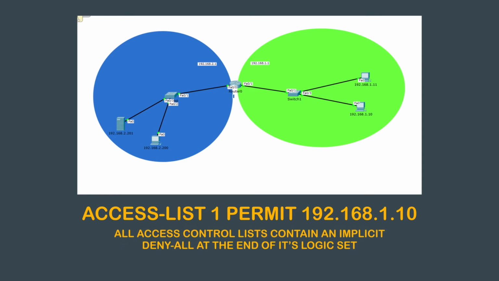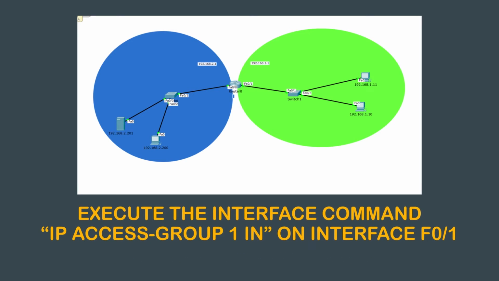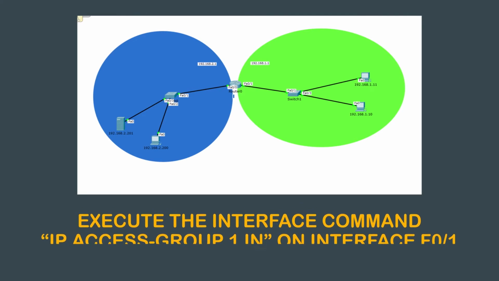For the last requirement, it is important to note that all access control lists contain an implicit deny all at the end of its logic set. Therefore, the last requirement has already been fulfilled. Once you have completed the preceding command, we must apply the ACL to an interface and specify the direction. To do this, execute the interface command ip access-group 1 in on the interface F0/1.